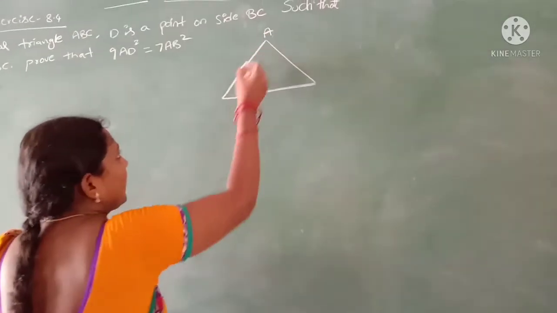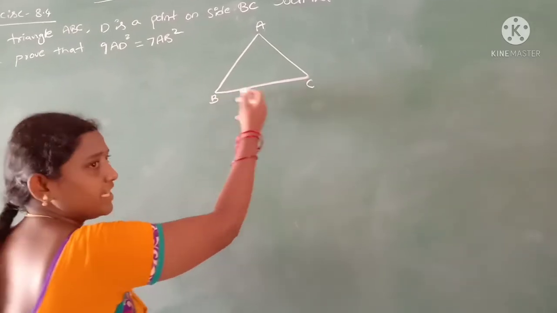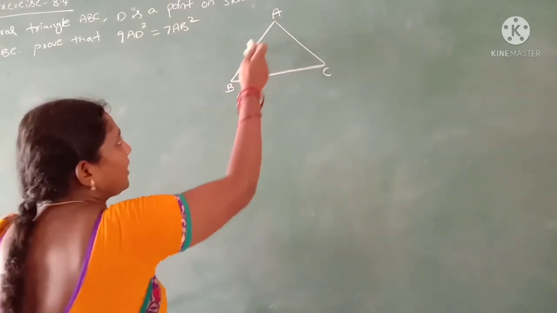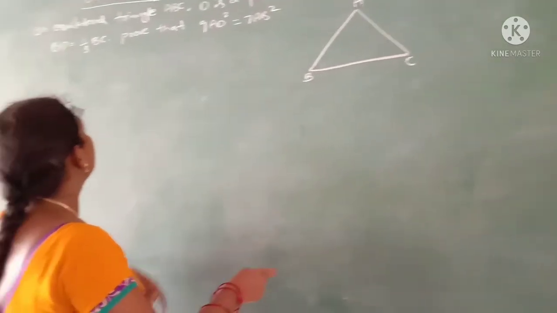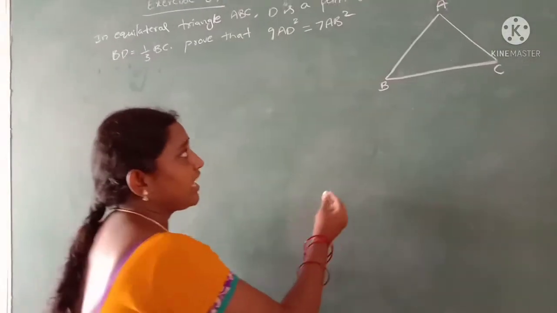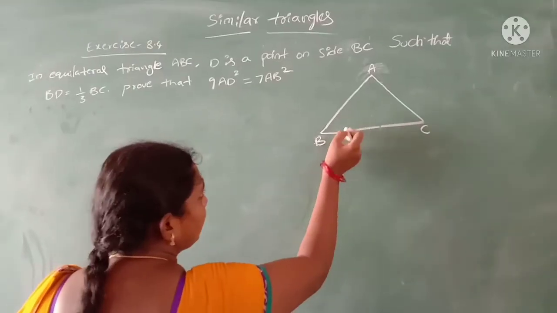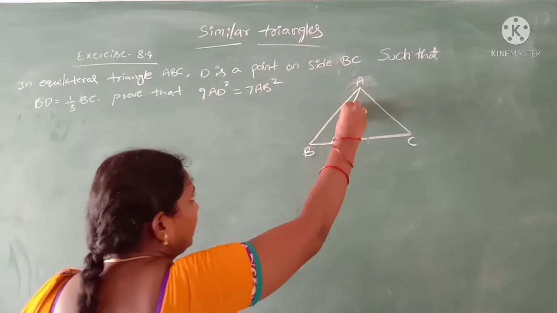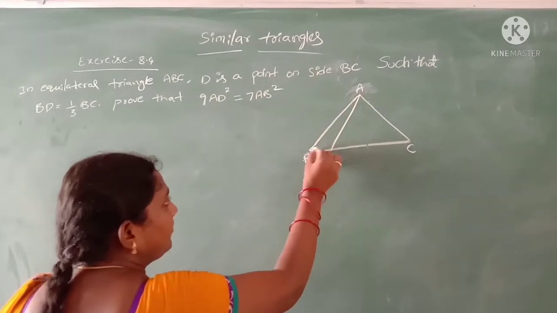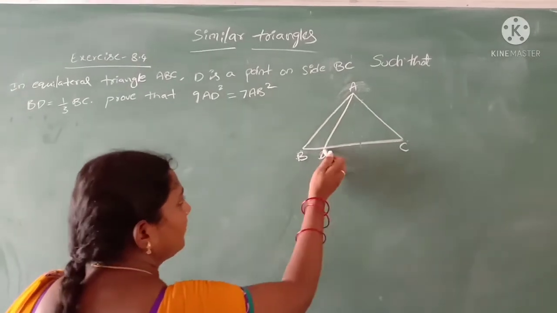So ABC is an equilateral triangle and AB equals BC equals CA. Next, BD is 1 by third of BC. So join AD.